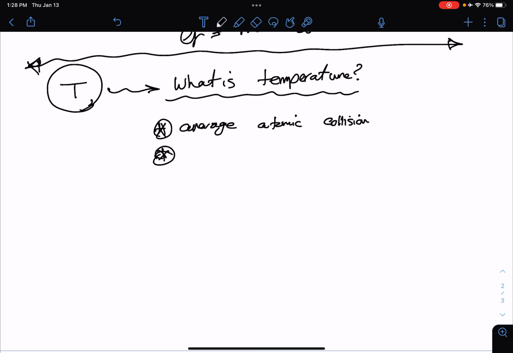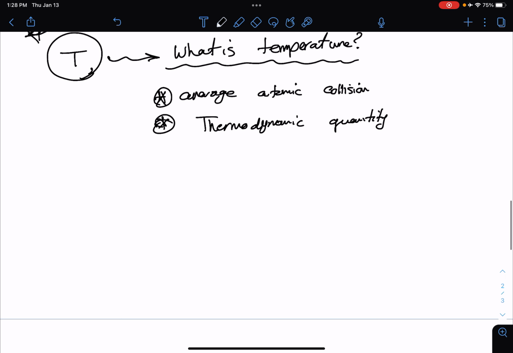Let's do a full run. It's a thermodynamic quantity. What kind of quantity? Thermodynamic quantity. Well, what does it represent? How much heat is present in the body?